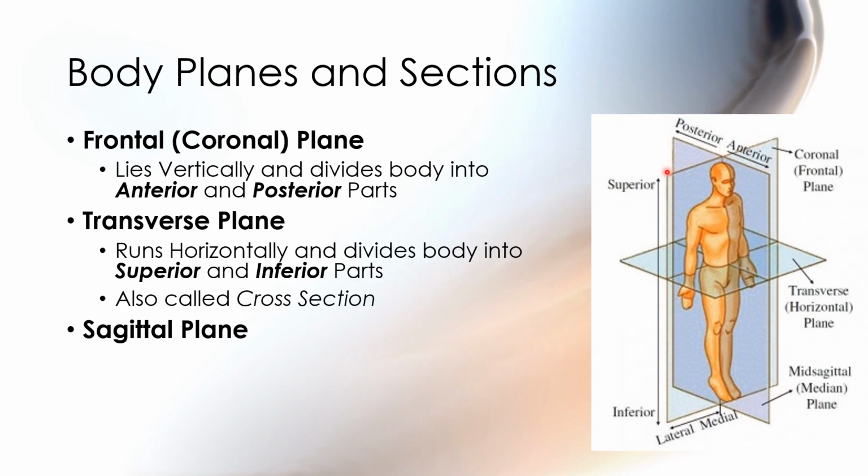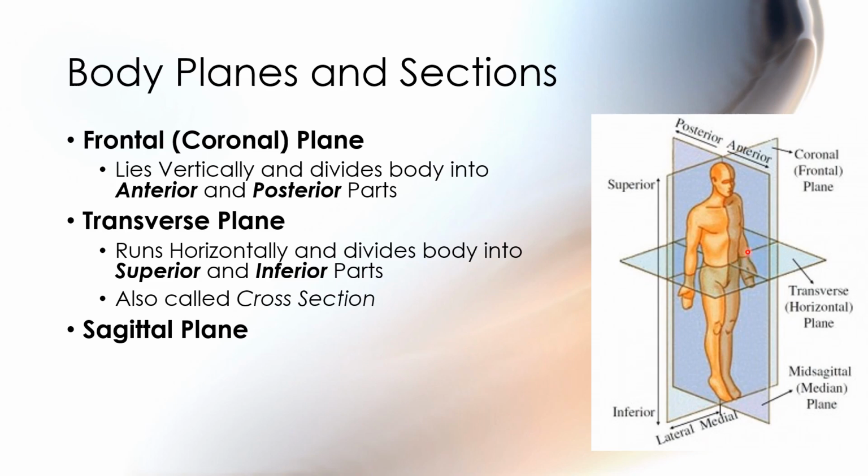Now the next one is transverse plane. So transverse is going to be horizontal. So instead of up and down vertical, you're making a horizontal or transverse section. This is also termed a cross section. So maybe some of you guys have heard cross section before, but essentially you're going to divide the body up into a superior portion and an inferior portion.